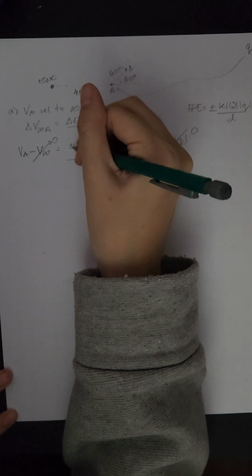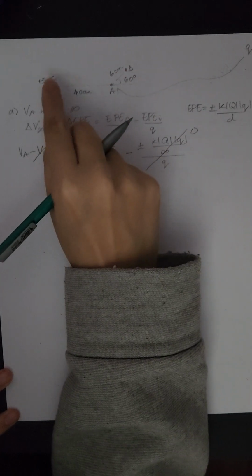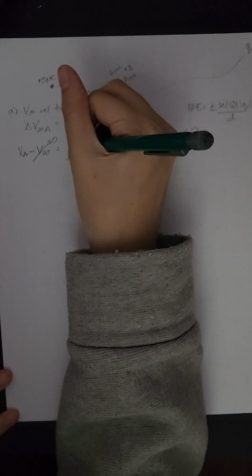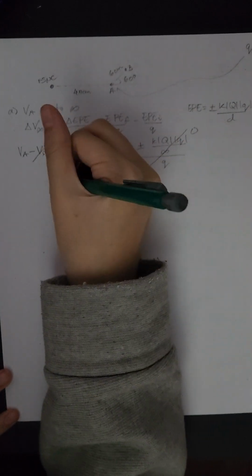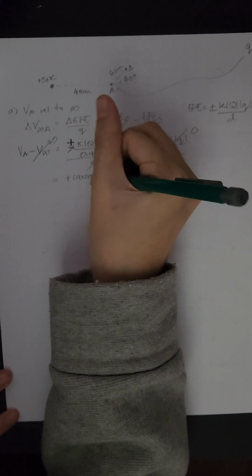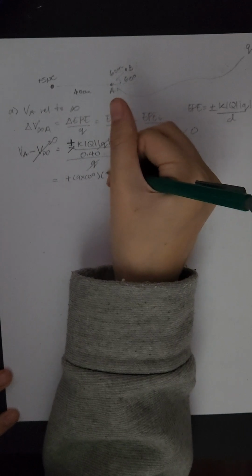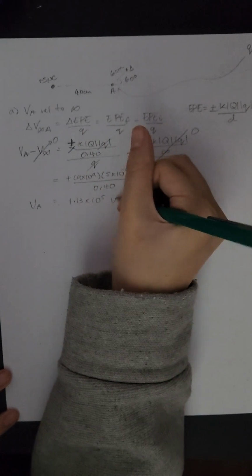And to determine the plus or minus, the test charge Q is positive and the charge we're working with is also positive. So they have the same polarity, so we're working with the plus sign in this equation. Now we could plug in our values, and we get voltage at A is equal to 1.13 times 10 to the 5th volts.